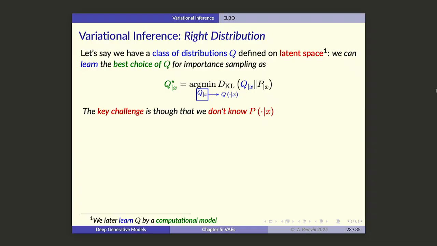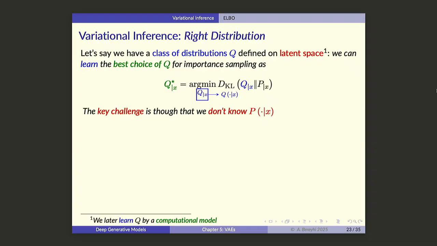With that given, I simply indicate that this is conditioned on the x value. So what I want to do is find the q distribution which is closest to the posterior distribution of z given x. But the key challenge here is that if I want to solve that optimization, I need to find the objective.